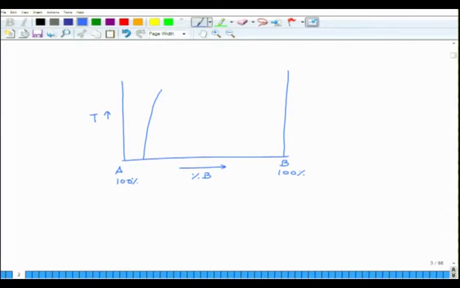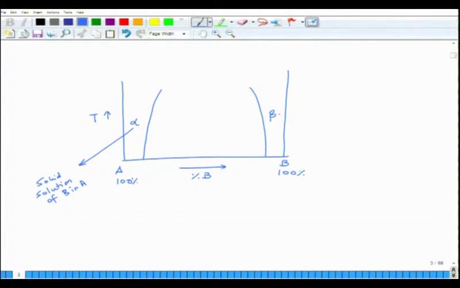This line determines up to which point in composition space the solid will dissolve. Similarly, on this side you will have these boundaries. Between them it will be, let us say, the alpha phase. Alpha phase is a solid solution of B in A.